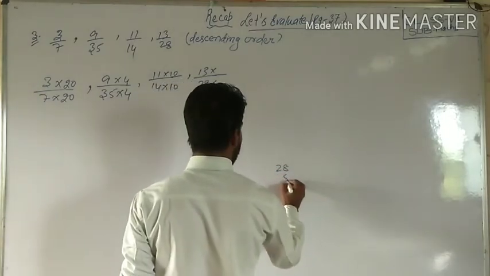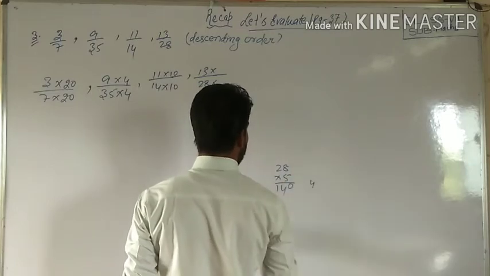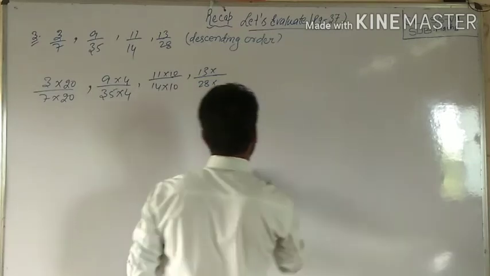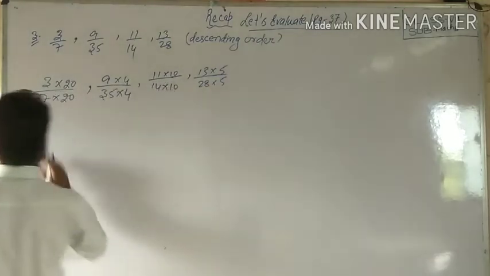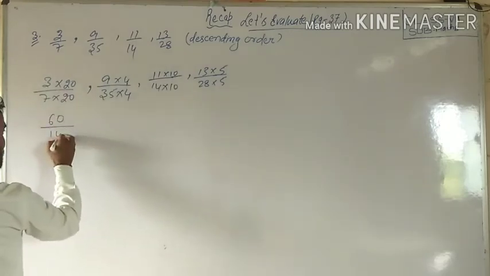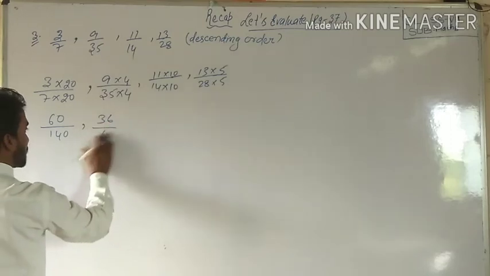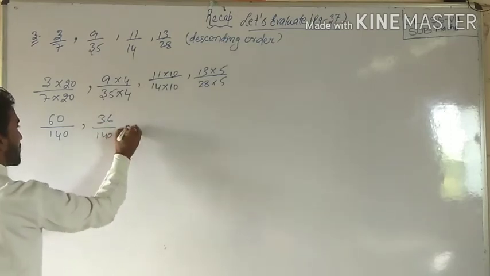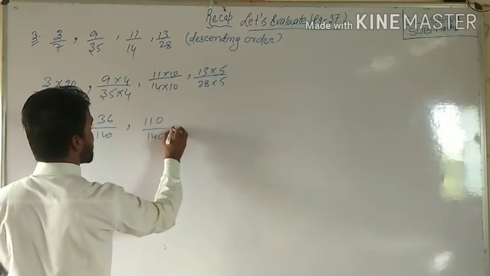See, 28 into 5: 8 times 5 is 40, 2 times 5 is 10, 10 and 4 is 14. See, 5 times. So what will the numbers become? 20 into 3, 60 by 140. 4 nines are 36 by 140. The denominator will be the same. 11 tens, 110 by 140.